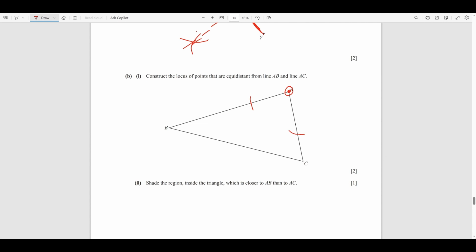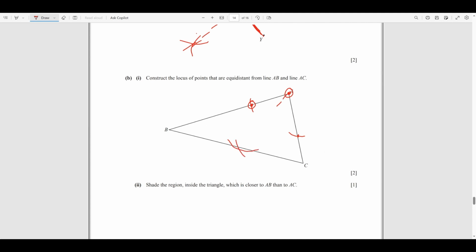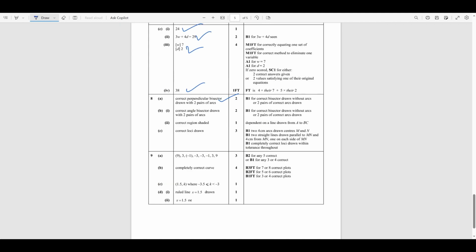You can keep this radius as it is. Put the needle on the new intersection point, make an arc, put the needle on the other one, make an arc, and then connect. This is not that accurate, I'm just telling you how you would do it, so please make sure you're accurate with this. So this is the angle bisector.